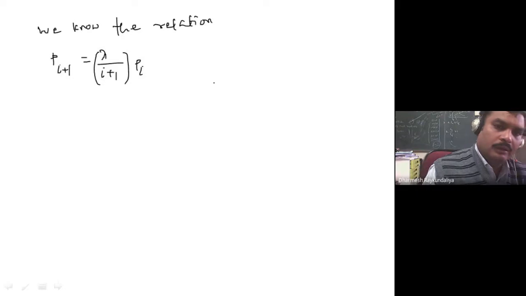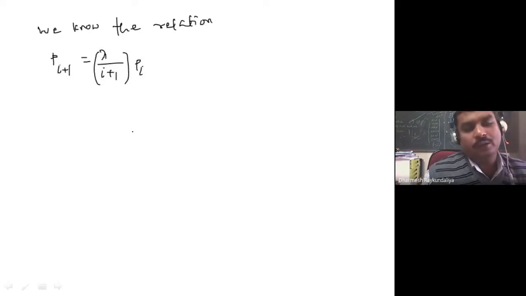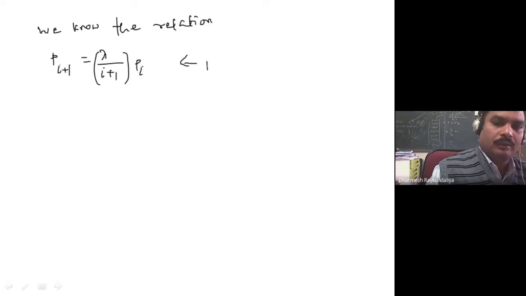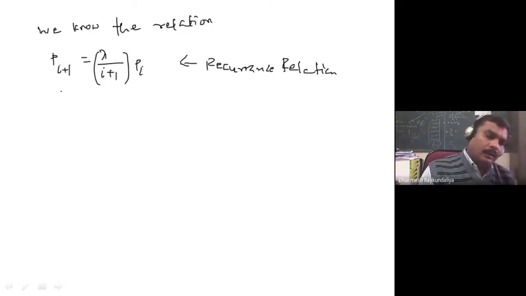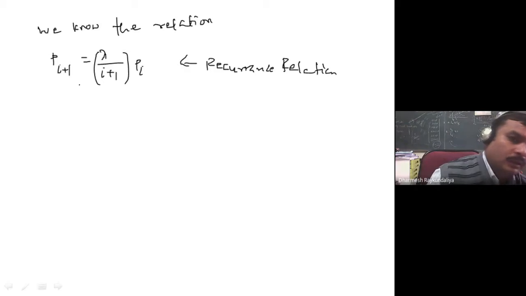It is a recurrence relation. In terms of probability, probability of x equal to x plus 1 is equal to lambda upon x plus 1 into probability of x equal to x. So this is a recurrence relation. If you know the value of Pi, you can easily obtain the value of Pi plus 1. And in the inverse transformation method, we require the cumulative probabilities.